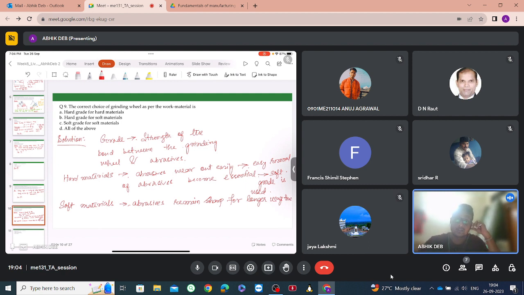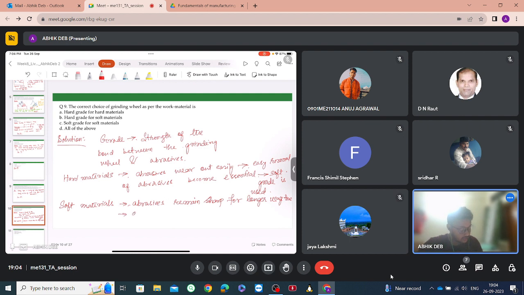So if the grade is soft, they will be removed easily. That is, we are losing abrasives which are still sharp, which can still perform the cutting operation. So we won't be using soft grade, but hard grade, so that these abrasives which are remaining sharp can remain attached to the grinding wheel and continue the cutting operation.